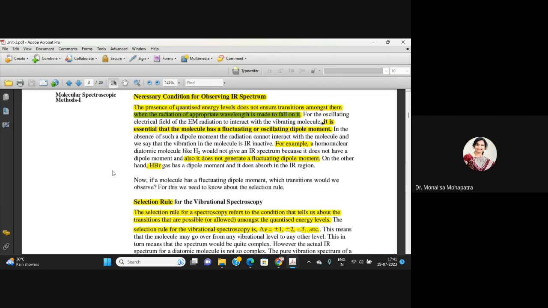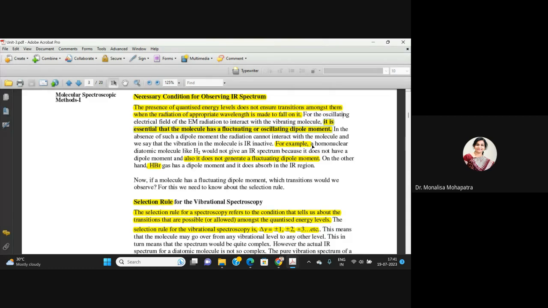And here, for IR spectroscopy to happen, for the vibrating molecule, it is essential that the molecule has a fluctuating or oscillating dipole moment. It must have an oscillating dipole moment.